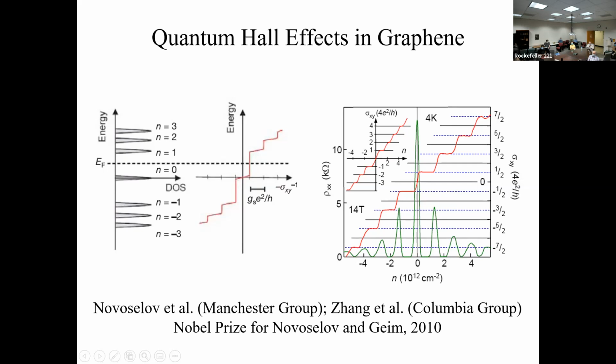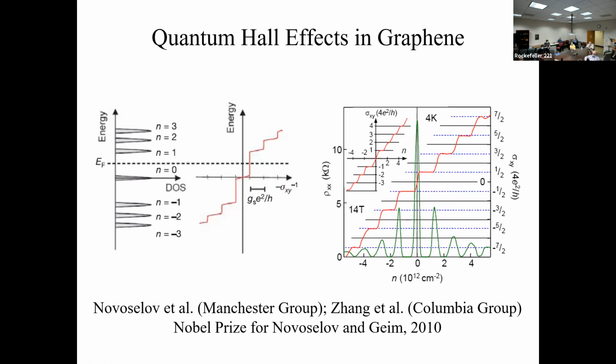And this is directly related to the fact that Dirac electrons have a pi Berry phase, which plays a role similar to half a flux quantum. But actually, this is still an integer sequence because you have not one but four degenerate Dirac electrons, two associated with the electron spin and two associated with the valley degeneracy.